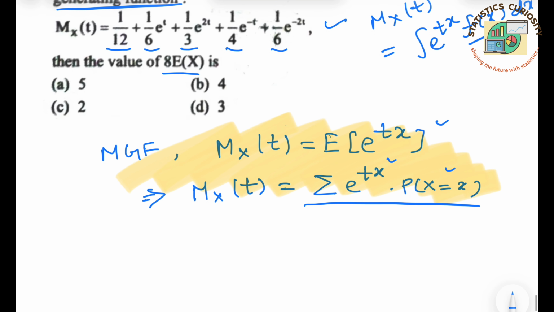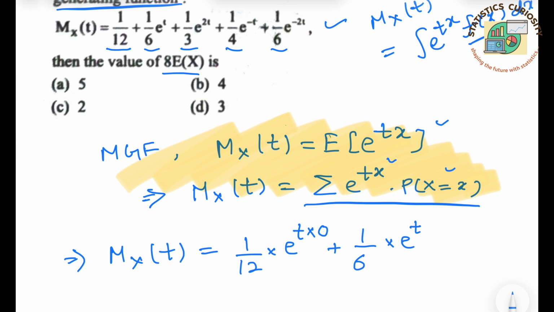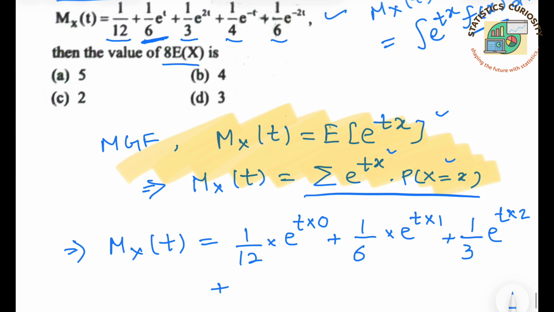So you can write M_X(t) as 1 by 12 multiplied by e raised to the power t into 0, plus 1 by 6 multiplied by e raised to the power t into 1, since it is e raised to the power t, plus 1 by 3 multiplied by e raised to the power t into 2, plus 1 by 4 e raised to the power t into minus 1, that is 1 by 4 e raised to the power minus t, plus 1 by 6 e raised to the power t into minus 2.